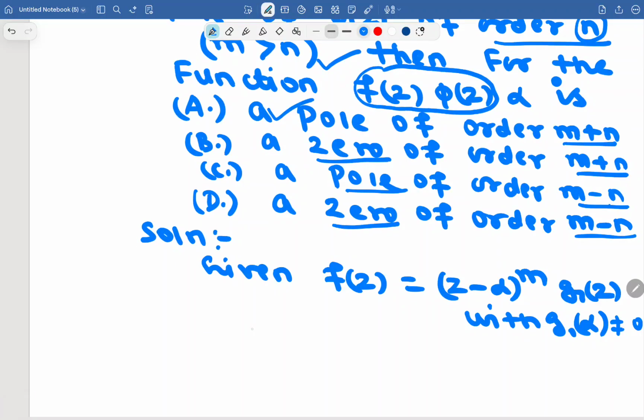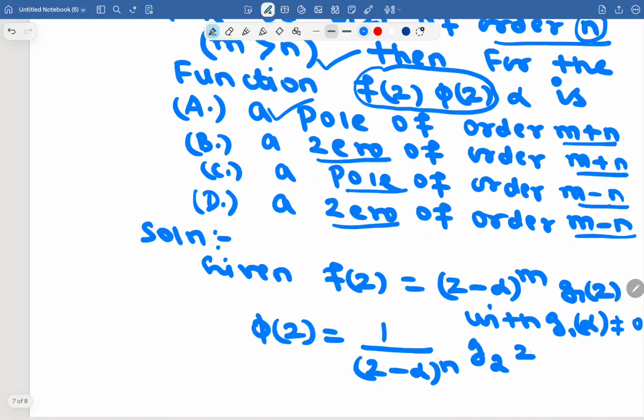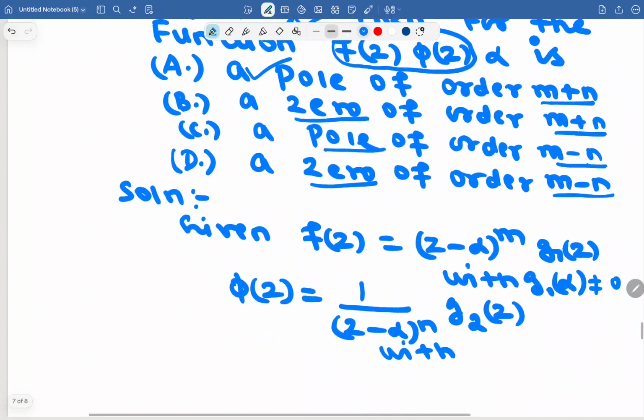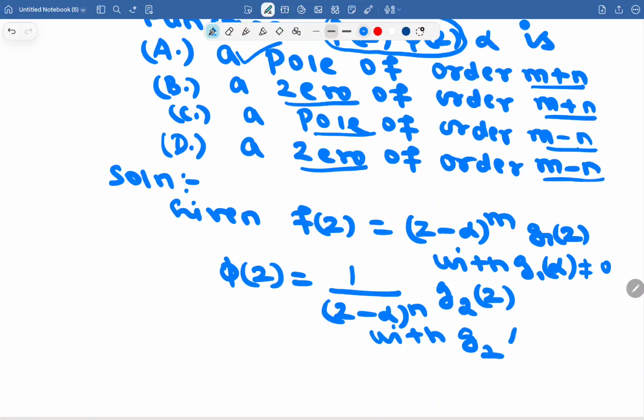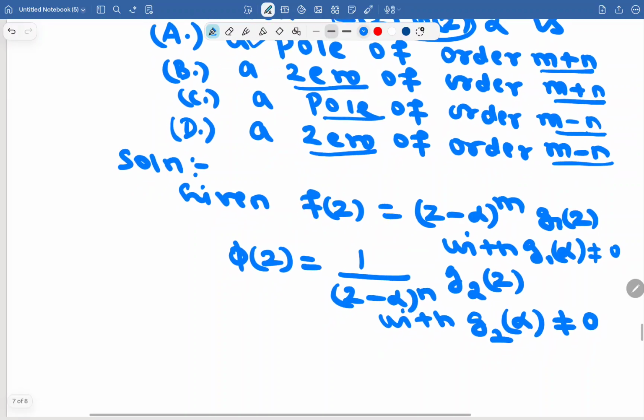And also given pi of z is a pole of order n. Pi of z is pole of order n means z minus alpha power n into g2 of z with g2 of alpha not equal to 0.